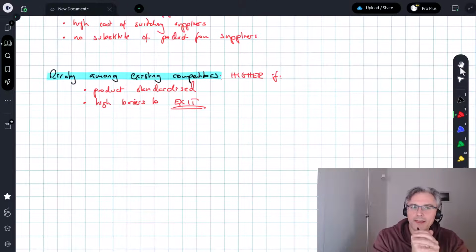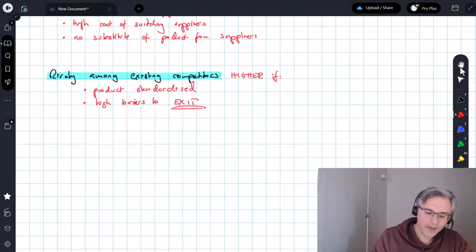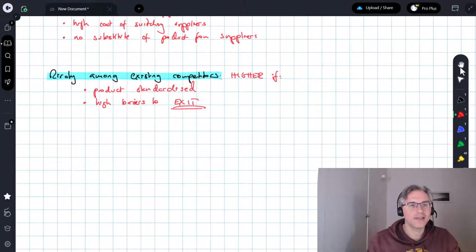But barriers to exit stop people leaving the industry because they've invested so much, for example, that it makes it difficult for them to leave without suffering huge losses, or other barriers to exit like existing relationships with customers that cannot be just severed, cannot be cut, may also stop them from exiting. And that means more of us stay in the industry.